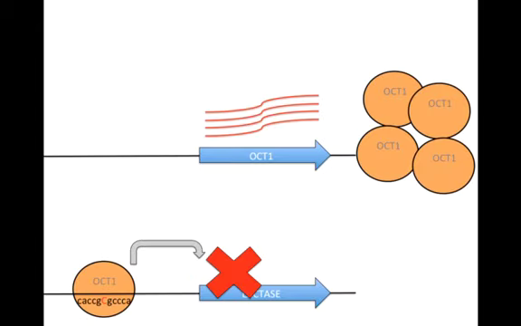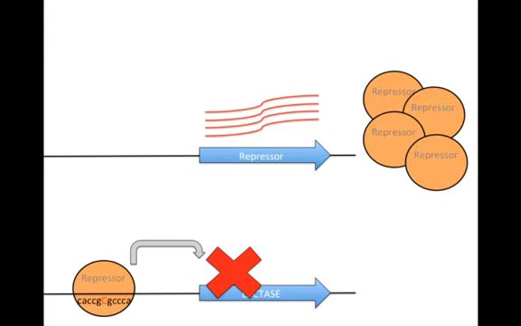Okay, so we can start out with our system of the OCT1 repressor, and we'll start by looking at some of the similar pieces in the bacterial lactase production system. So in this case, instead of OCT1, we're going to call the protein that represses lactase the repressor.